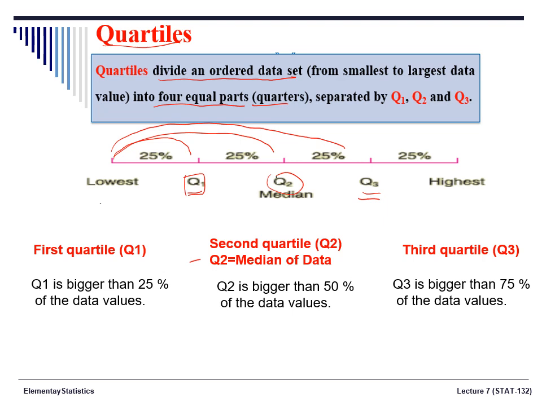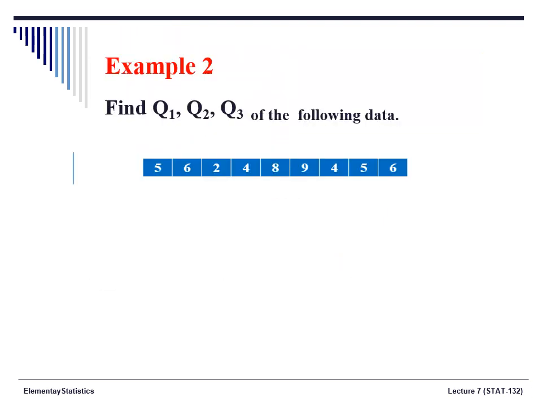So let's see the example. In this example, we will find the first quartile, second, and third quartile of the following data. The first thing you have to check is the order of the data. Is it in ascending order? As you see here, 5, 6, 2, and 4, it's not in ascending order.